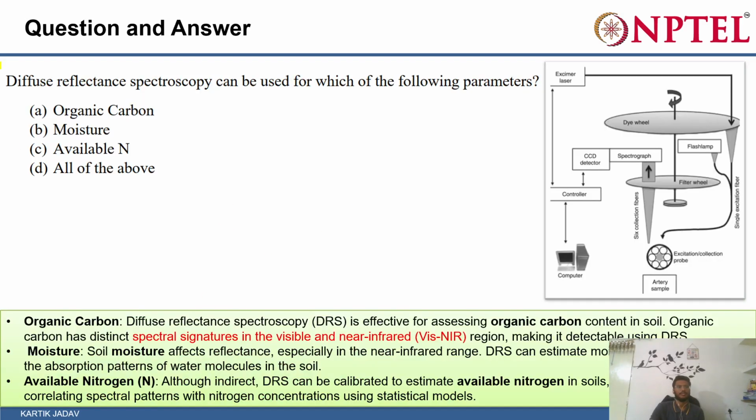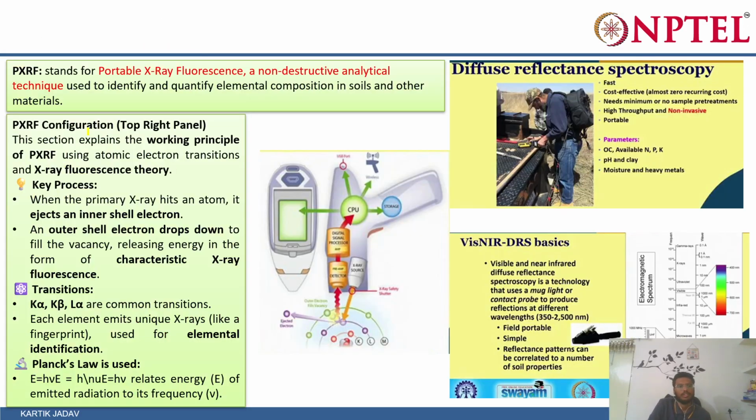So next question, diffuse reflectance spectroscopy can be used for which of the following parameters? So we know that diffuse reflectance spectroscopy we are generally using for all the major kinds of soil physical and chemical parameters like organic carbon, moisture, and available nitrogen. So correct answer is option. So these are the basics about diffuse reflectance spectroscopy and XRF, that is portable X-ray fluorescence.